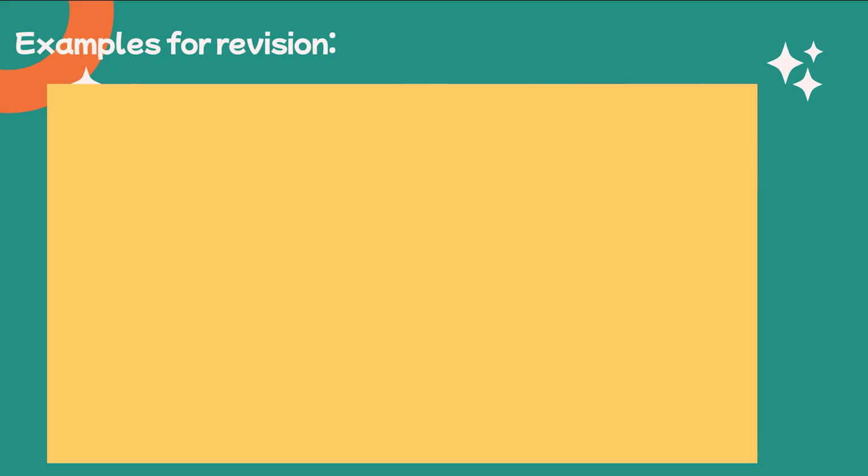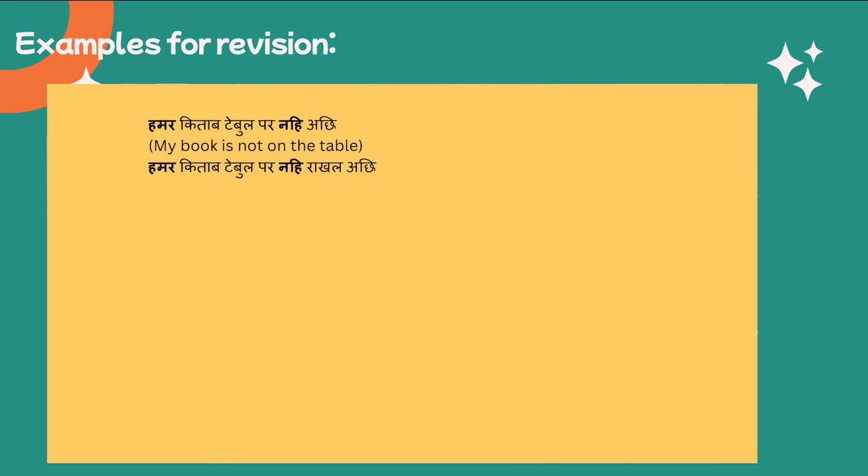Let us revise some of the sentences that we had seen in the previous lessons and how negation is being used. Here you see हमर किताब टेबल पर नहीं अछि, which means my book is not on the table. In this sentence you have seen हमर, which has been boldened. हमर किताब is a single phrase and nahi is the negation marker.